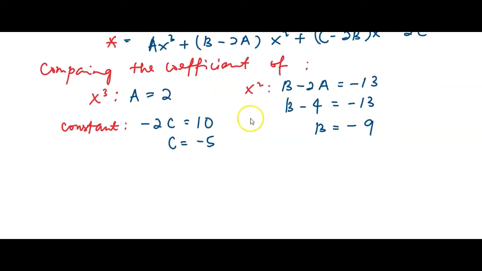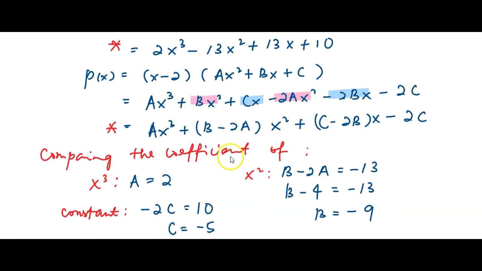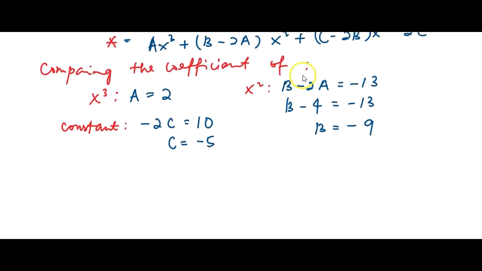After you get the values of a, b, and c, I'm going to substitute back into this p(x), which is in the factorized form, where a, b, and c are going to be replaced by 2, negative 9, and negative 5. Okay, so my p(x) here can be written as x minus 2, where this is your first factor, and the second quadratic factor will be 2x squared minus 9x minus 5.